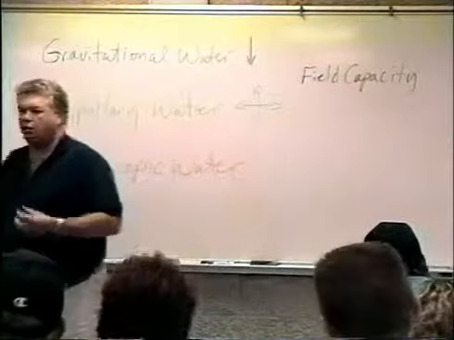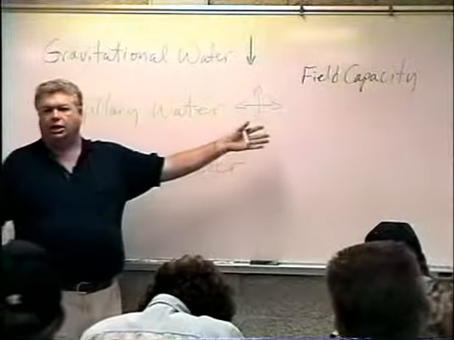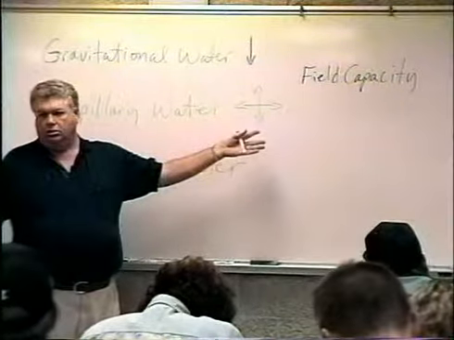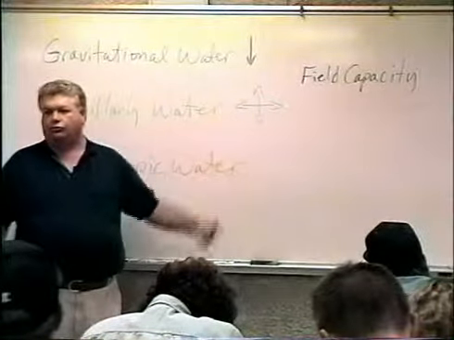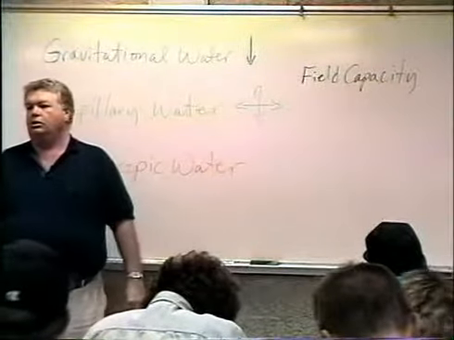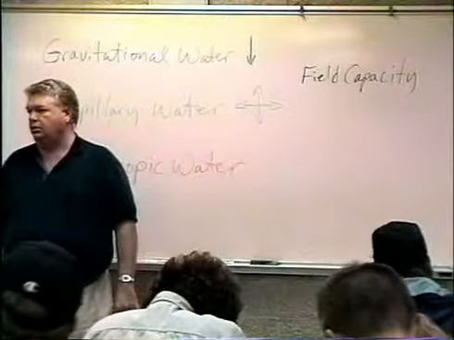Now field capacity is, by definition, after you have saturated an area and let it sit for 24 hours, the water remaining after 24 hours is what we call the field capacity.